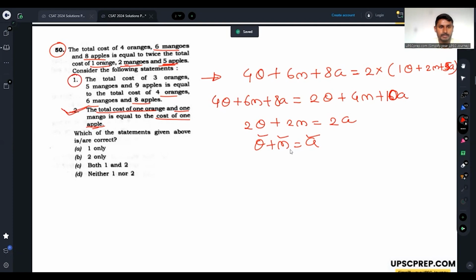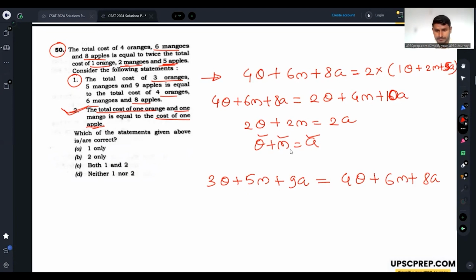Now let's come to statement 1. What statement 1 is saying? The total cost of 3 oranges plus 5 mangoes plus 9 apples is equal to 4 oranges plus 6 mangoes plus 8 apples. Okay. Try to solve this one now. If I take oranges on the right hand side, and apple on the left hand side, sorry, 4 oranges minus 3 oranges will be 1 orange, right?